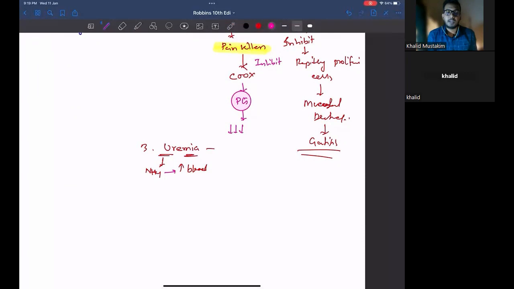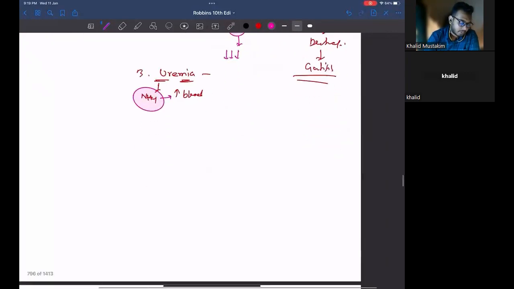That is uremia. So what is the relation between uremia and gastritis? Can you imagine? Let's talk about this. What does uremia do here? Actually, the main culprit is the ammonium ion. This ammonium ion has a very strong enmity with the bicarbonate ion.